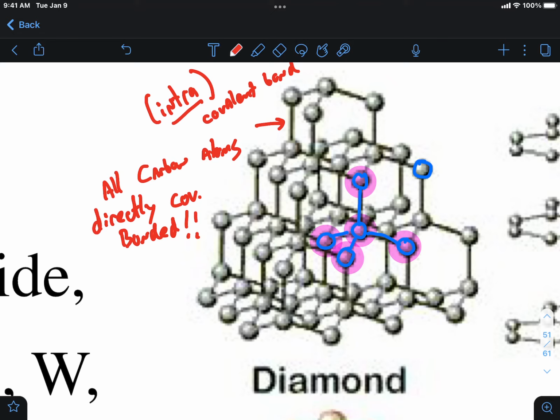Okay? So, what do we use diamond for? Well, they stick diamonds on drill bits to bore through bedrock in the earth, to drill through mountains so they can build a tunnel, so they can put a train going through a mountain, right? Why diamonds? Because diamonds are harder than any other substance.